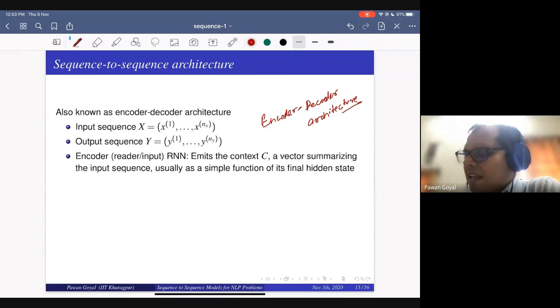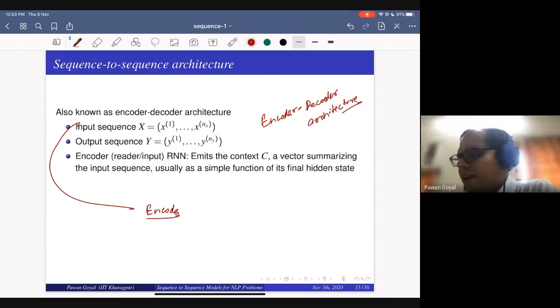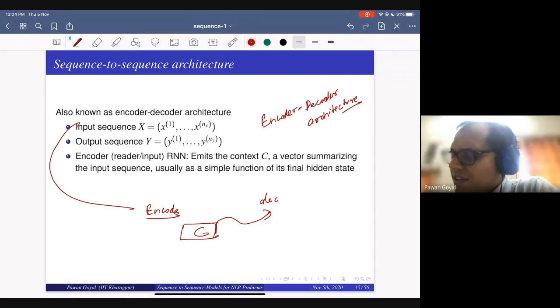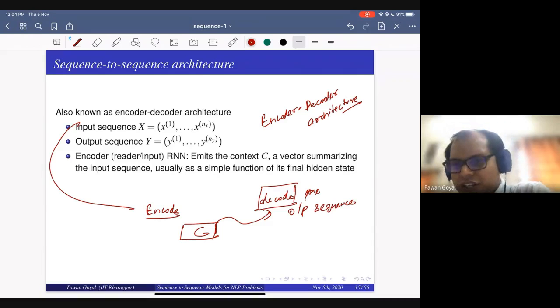So what you are saying is, your input sequence, you will encode into a fixed dimension vector, encode into some context, and then use that to decode. From there you decode the output sequence. So you can also think of sequence to sequence as an encoder-decoder architecture.